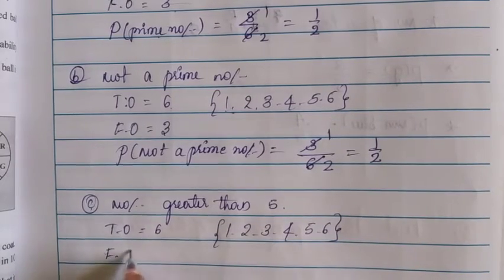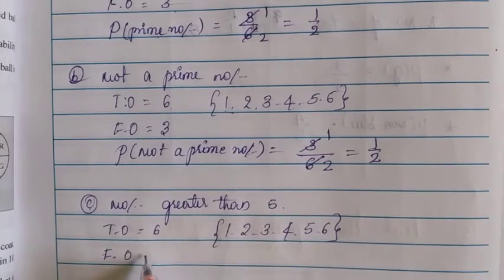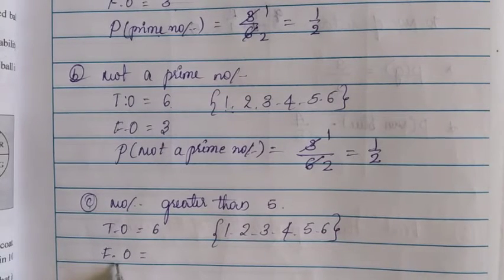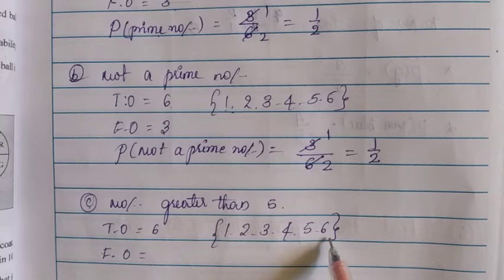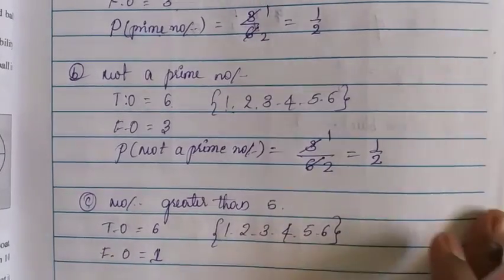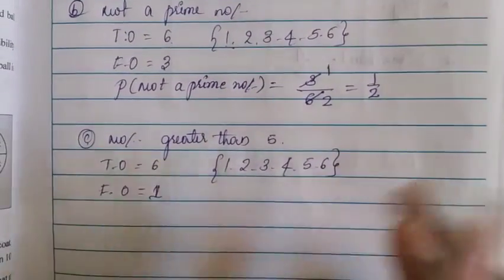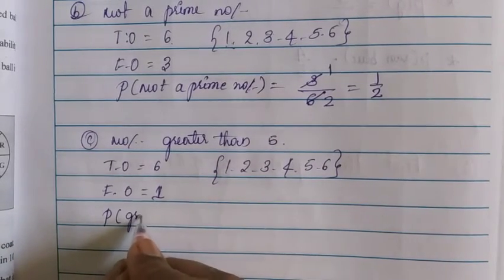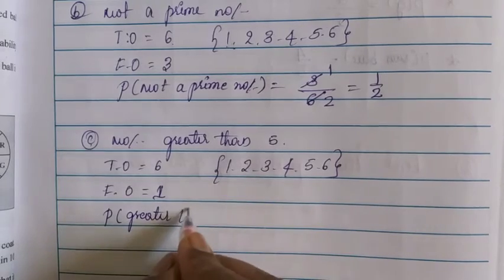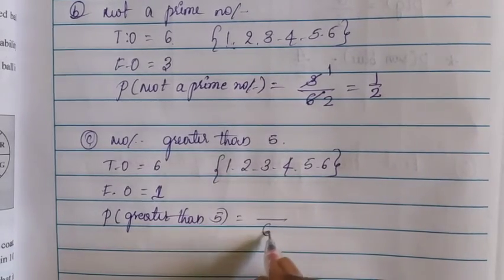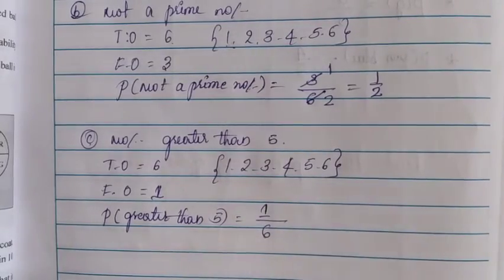Here what is asked? The probability of finding a number greater than 5. Now let us write first the favorable outcome. Which number is greater than 5 here? 6. Only one number. So favorable outcome is here only 1. Now probability of getting a number greater than 5 is equal to 1 by 6.